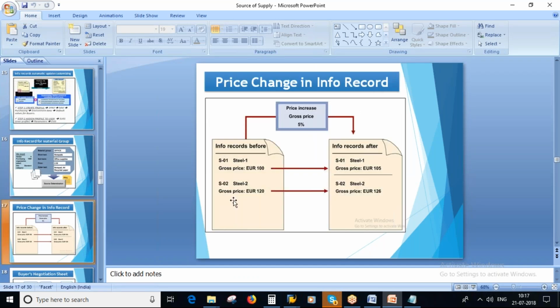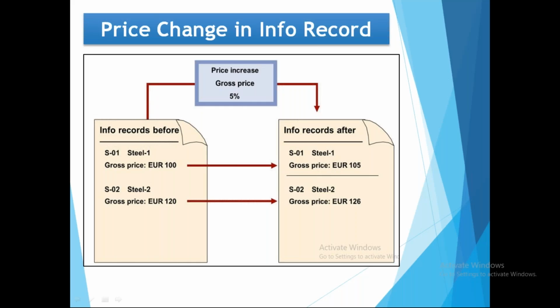Okay, now the next one is price change in the info record. How to change the prices in the info record. Now let's say currently you have an info record maintained for 2 materials. The price is this one. After a certain period, your vendor informs that he is increasing the price by 5%.